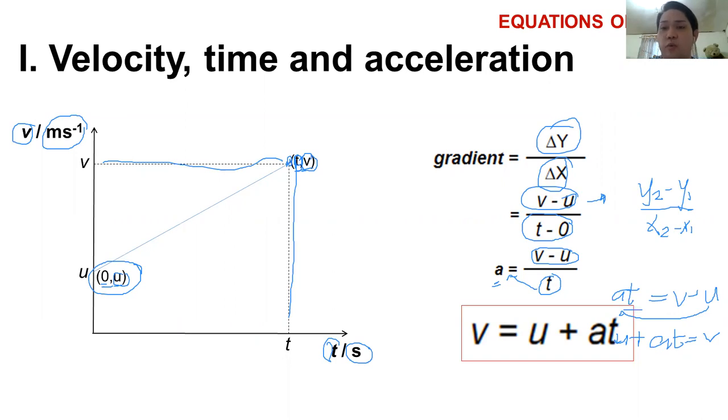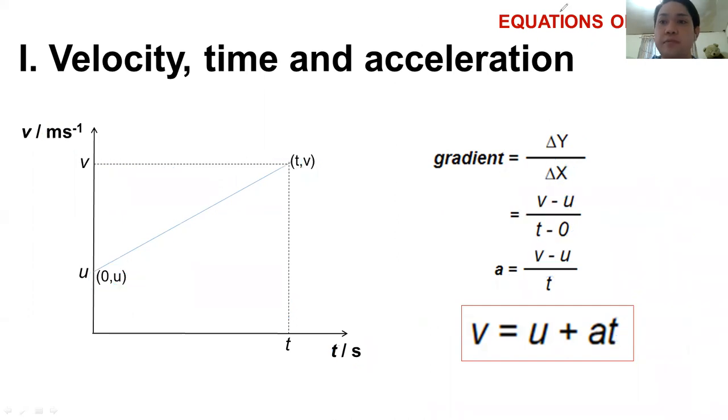Equation 1 can now be described as v is equal to u plus at: final velocity is equal to the initial velocity plus acceleration times the time. So this is now our equation 1, class. This is how we derive it.